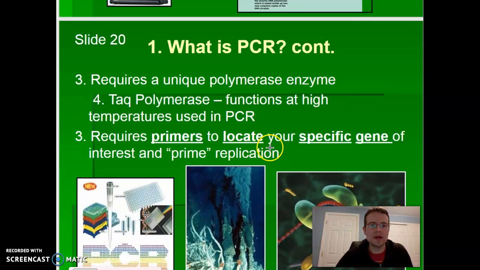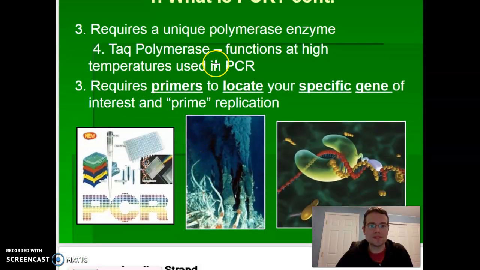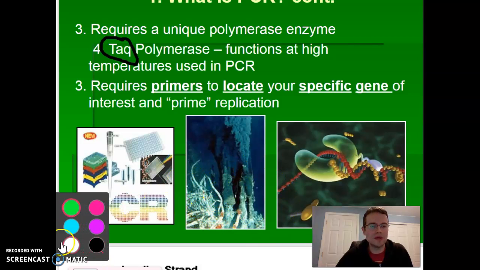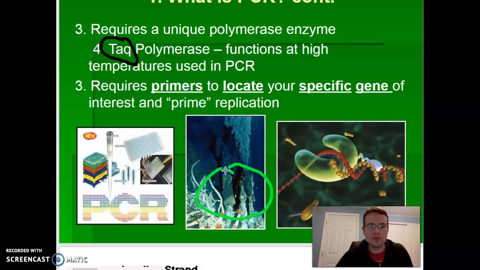So what is PCR? It requires all the same stuff that DNA replication requires. It requires a polymerase enzyme, except it's not DNA polymerase. It's something called Taq polymerase. And Taq stands for Thermus aquaticus, which is the scientific name of bacteria that live in underwater volcanic vents. They like things really, really warm.